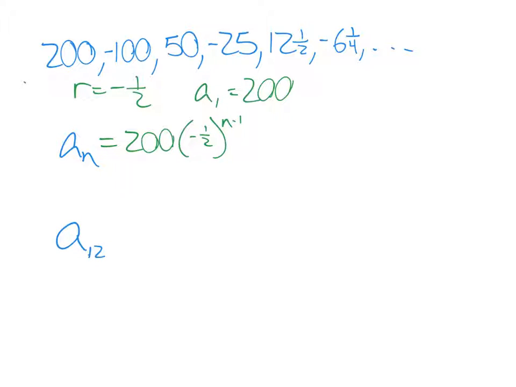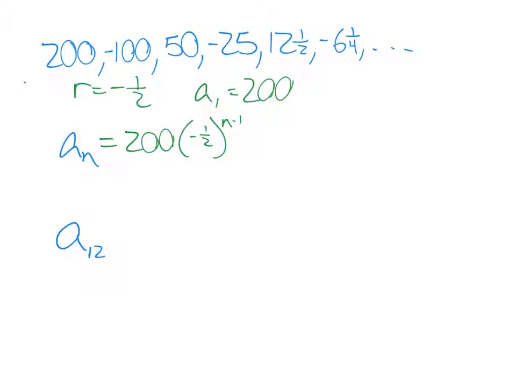So if I'm raising that negative 1/2 to an even power, then what happens? If I've got a negative raised to an even power, the answer ends up positive. If I have a negative raised to an odd power, then I get a negative. So it's important that you have parentheses around that negative 1/2.